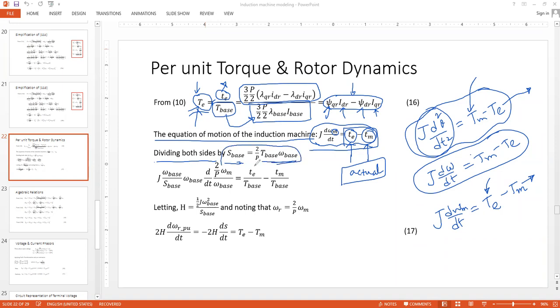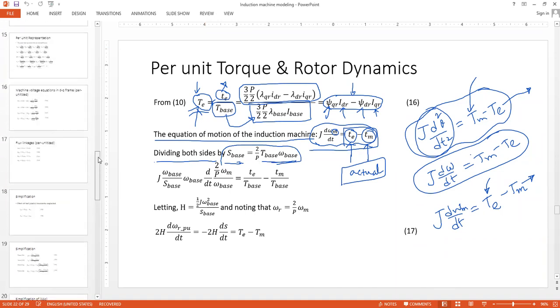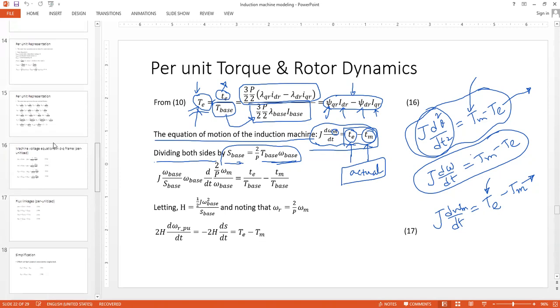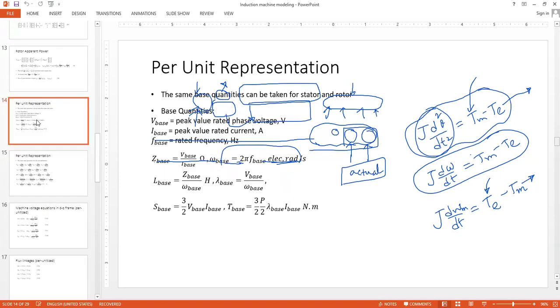This relation can be established. It is not a straightforward relation, but it could be established quite easily. If you go to the base quantity slide number 14, then you can see that S base and T base are related.